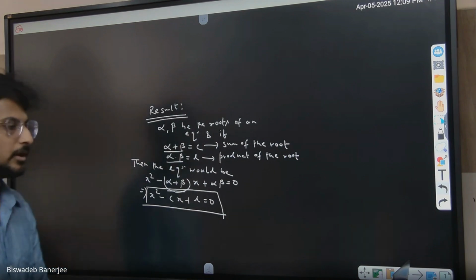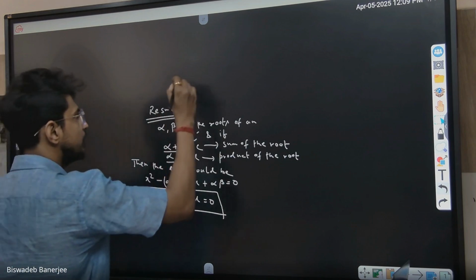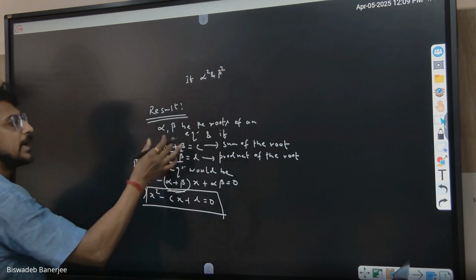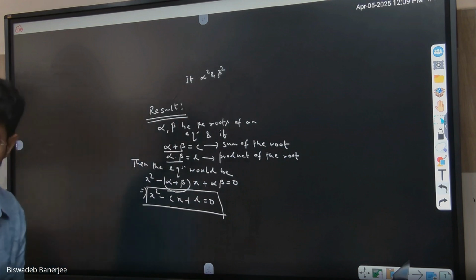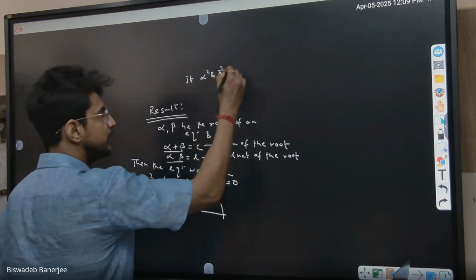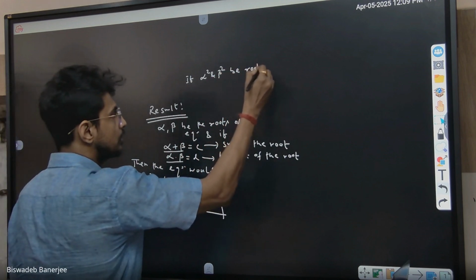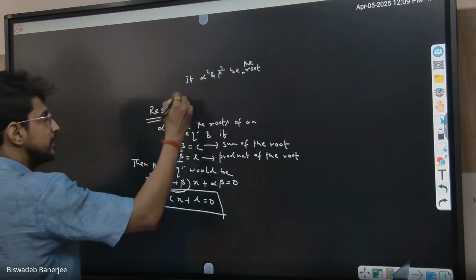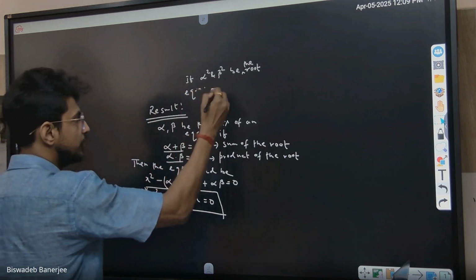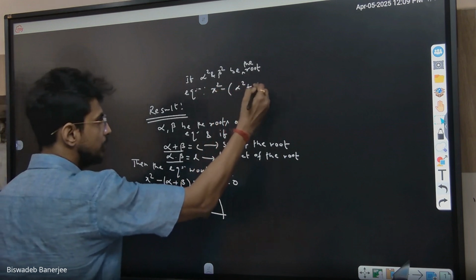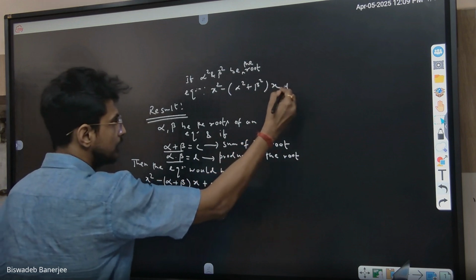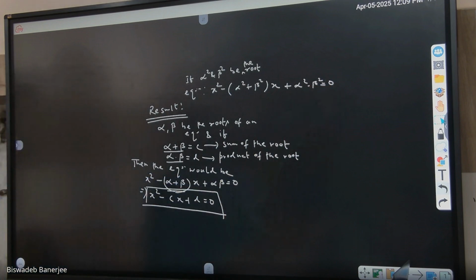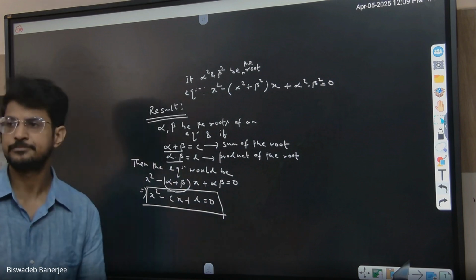Similarly, instead of taking alpha and beta, if alpha square and beta square are the roots, then the equation would be x square minus the sum of the roots, alpha square plus beta square, x plus the product of the roots, equal to 0. So it's a very important result.